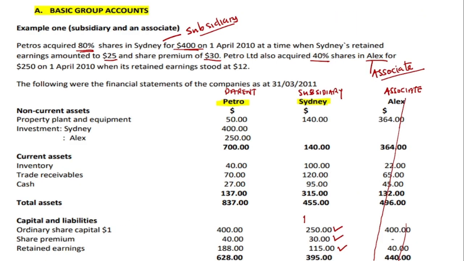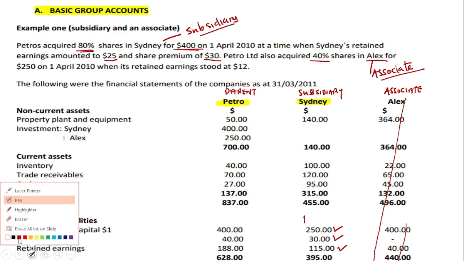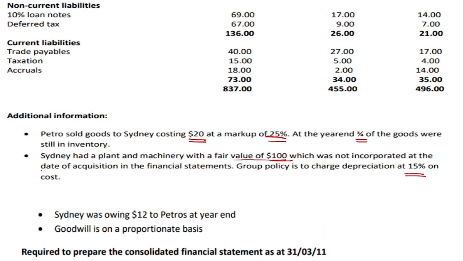Okay, just below the question at the end, note 2, or bullet point number 2, says Seeding had a plant and machinery with a fair value of 100, which was not incorporated at the date of acquisition.